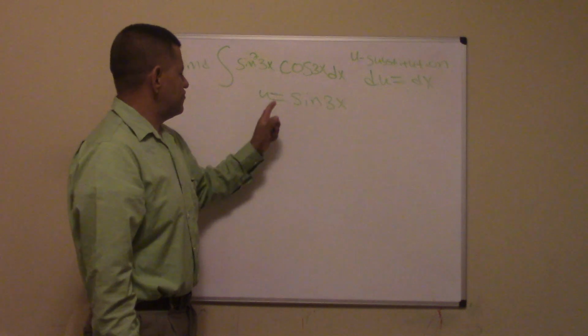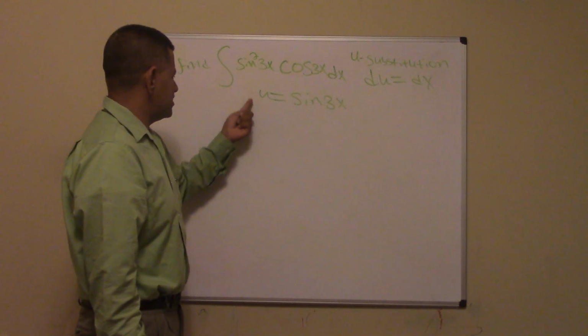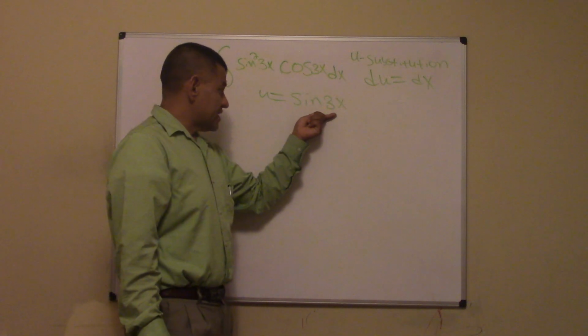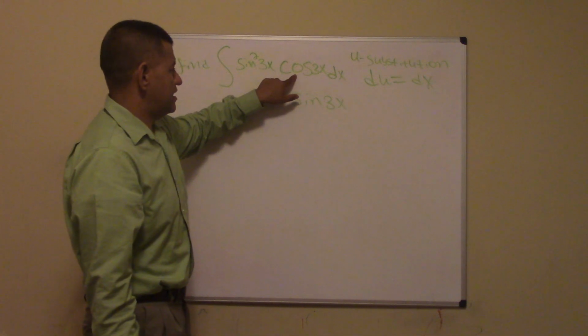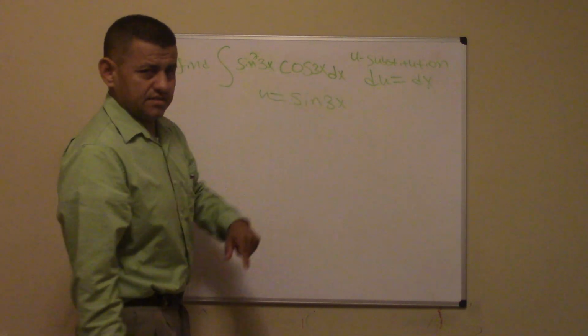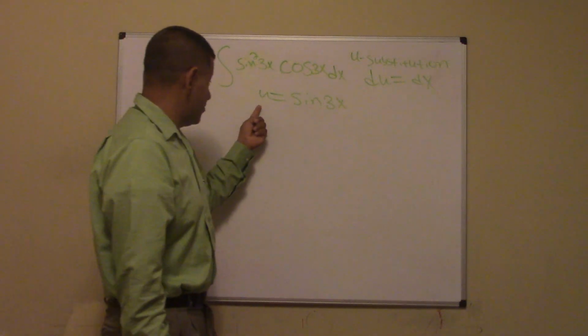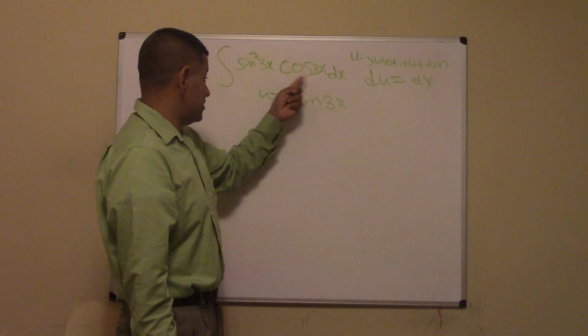Our goal is, from the representation of u that is equal to sine 3x, we want to get this cosine 3x. Okay? Again, from u equal to sine 3x, we want to get cosine 3x.